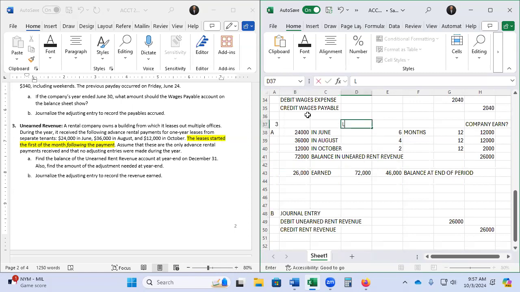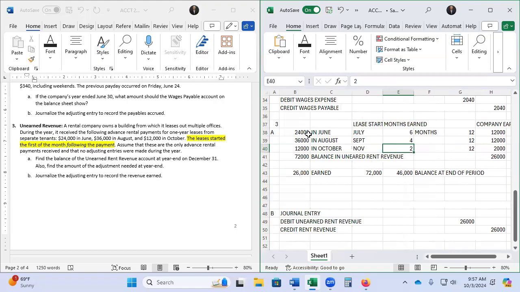So here, our lease starts July, September, and November. So this is the number of months earned, right? So you have July, August, September, October, November, December, 6 months. September is included, so September, October, November, December, and 2 months, November and December.